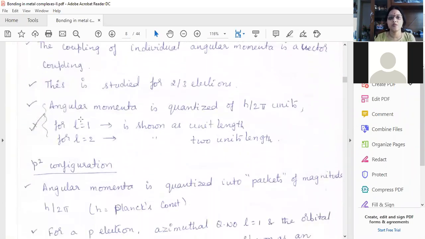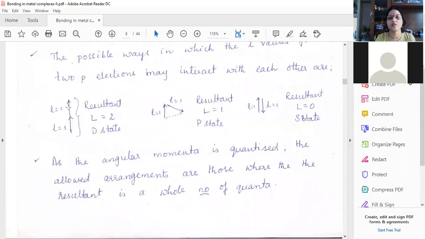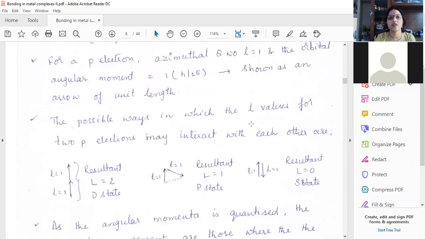Now how to do the vector coupling? We have done how to calculate the total L value using vector coupling in different configurations.